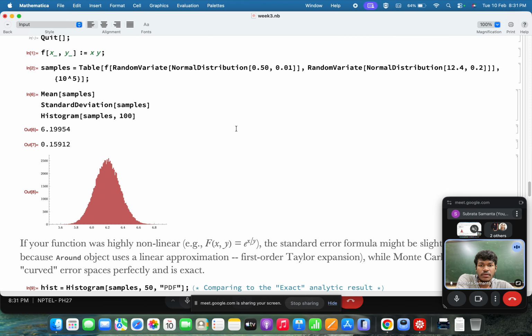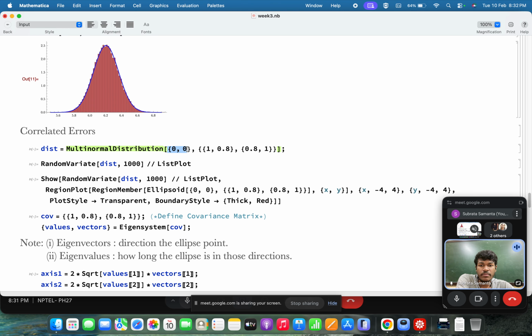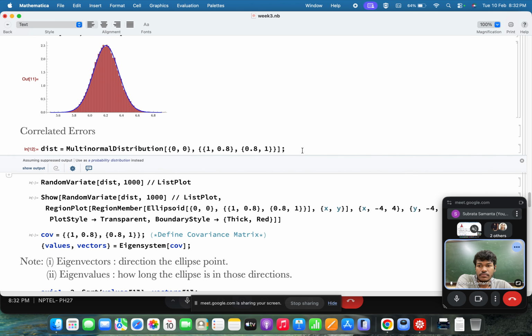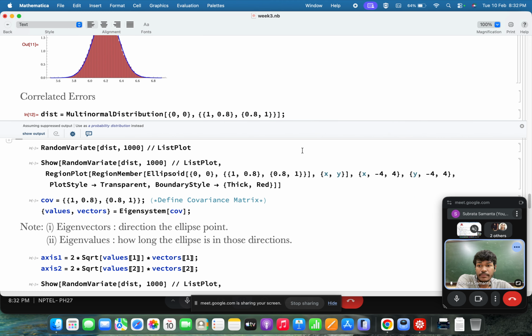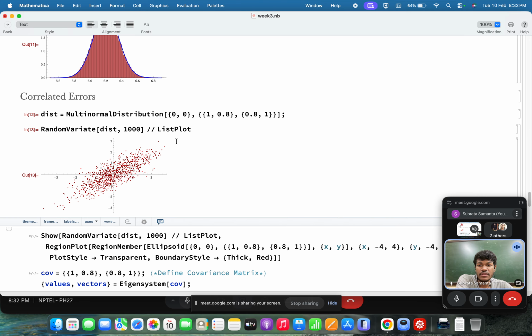I use two variables, so with the mean values 0 0 and the covariance matrix a 2 cross 2 matrix, this is a multi normal distribution I assign to this term. I am not using vector around here. And then I randomly generate this with 1000 points.